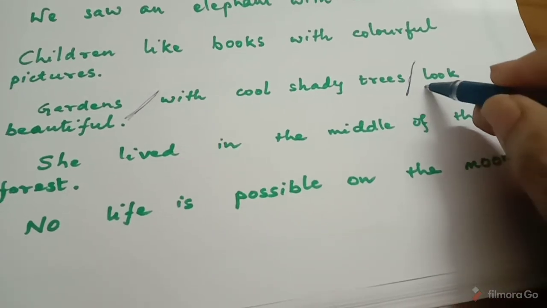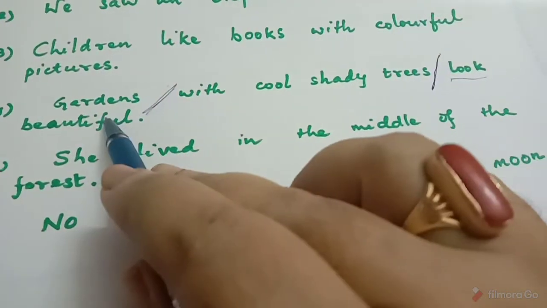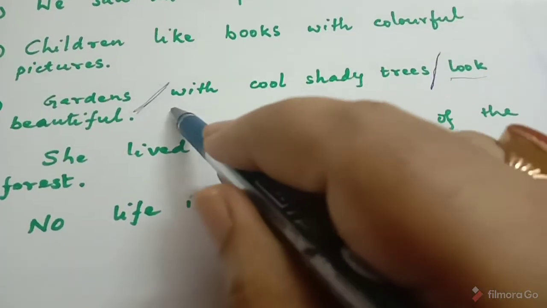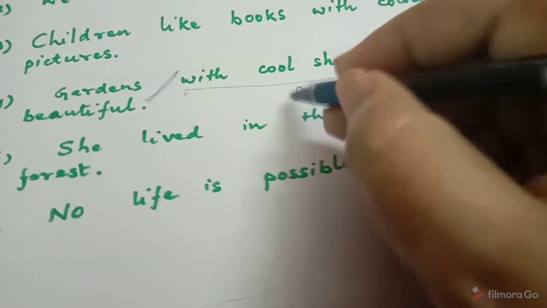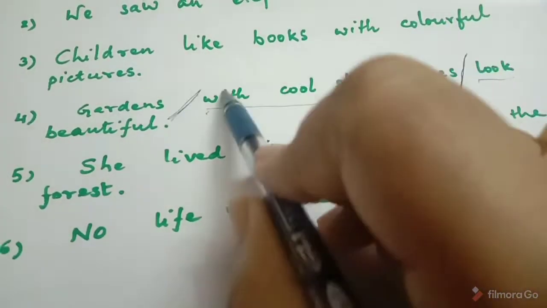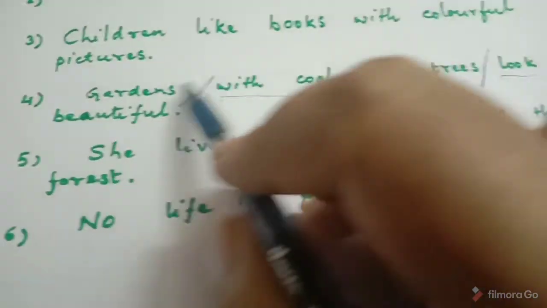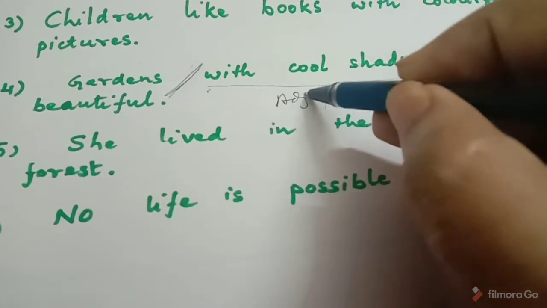So this is my complete part. Gardens look beautiful. And the phrase part is this, with cool shady trees. That is a phrase part, right? So what phrase is it? Now this also, you see, with cool shady trees, it tells us something about the gardens. That means this is also one adjective phrase, right?